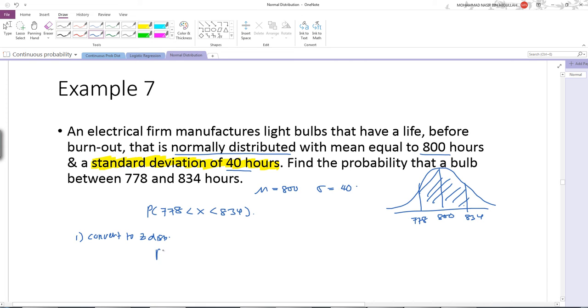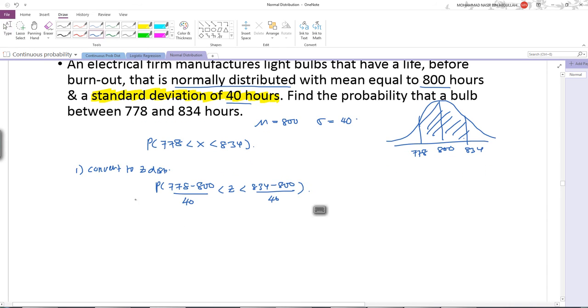So the probability of Z between (778 minus 800) divided by 40 and (834 minus 800) divided by 40. This should be equal to the probability of Z between negative 0.55 and 0.85, right?